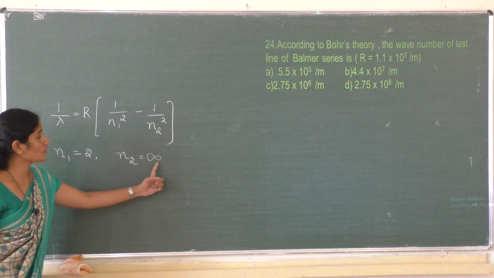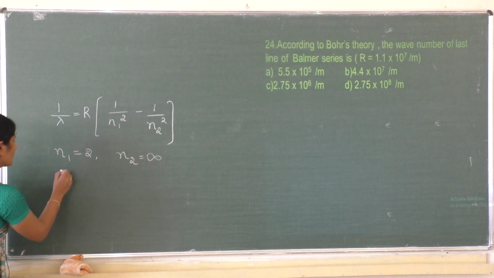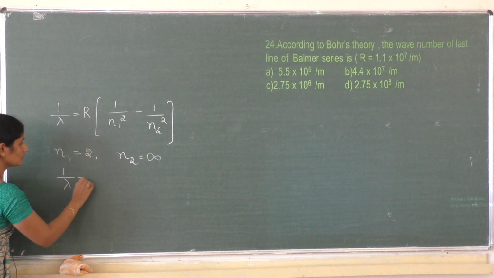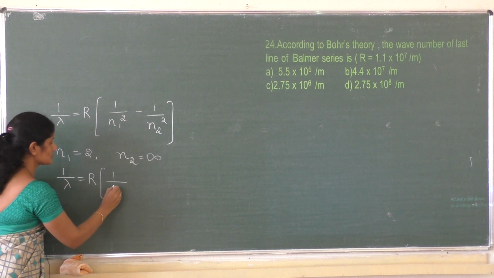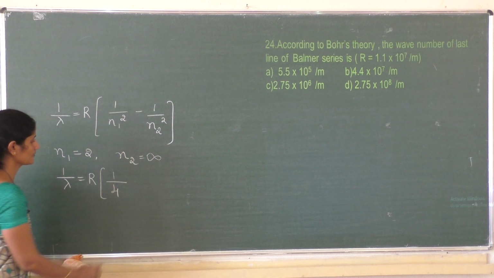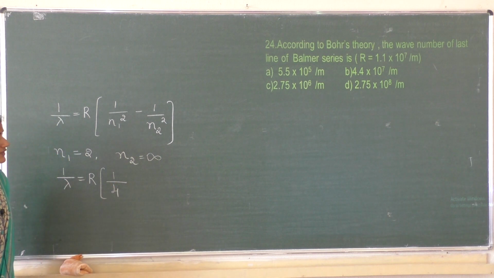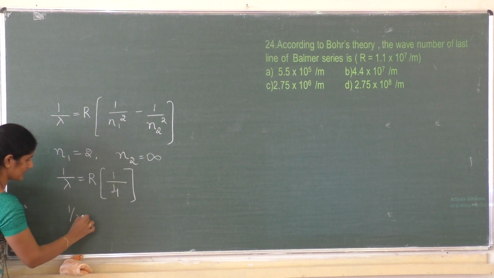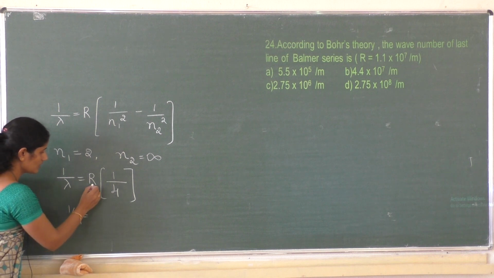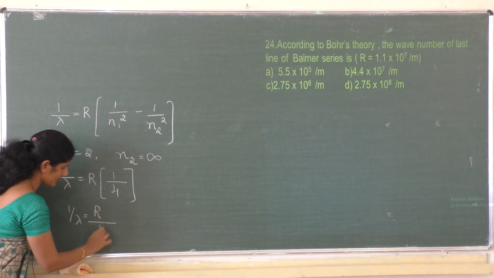So this is only for the last line. 1 by lambda is equal to r into 1 by 2 square, that is 4, minus 1 by infinity, which is 0. So 1 by lambda is equal to r divided by 4.